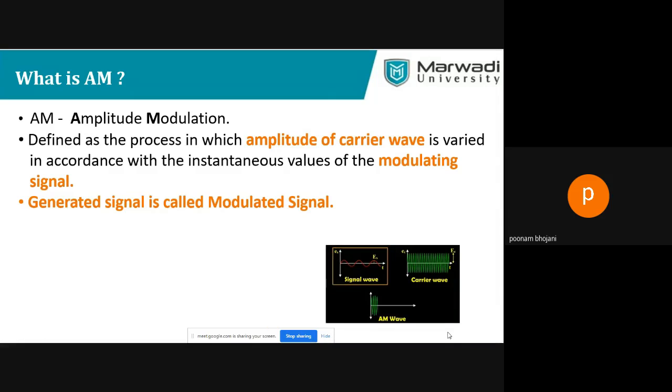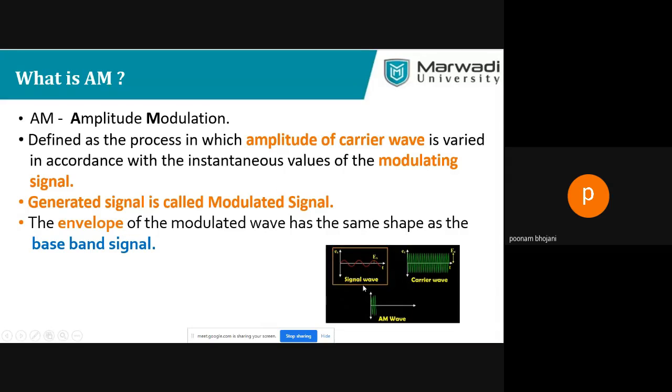The only difference is that in ASK it was a digital or binary signal, and here it is an analog signal, or any message signal can be there. The carrier signal was the same. In ASK also the carrier signal was analog of high frequency. Here also the carrier signal is analog and high frequency. And superimposing the signals will give you this type of amplitude modulated wave.